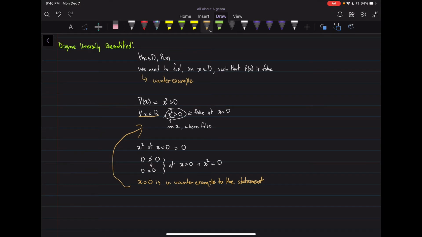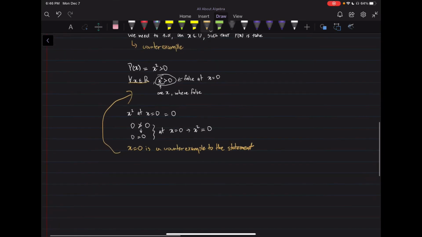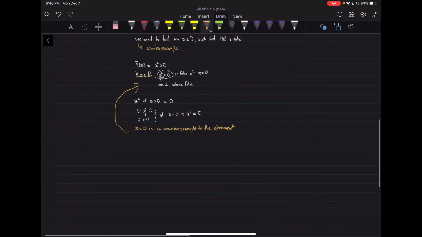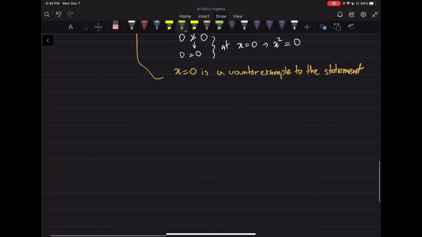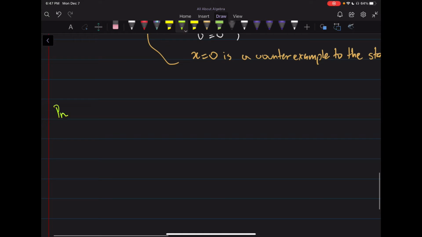All right. So when we're trying to disprove universally quantified statements, we would use counterexamples. Okay. Hopefully that makes sense. And now we'll move to proving existentially quantified statements.